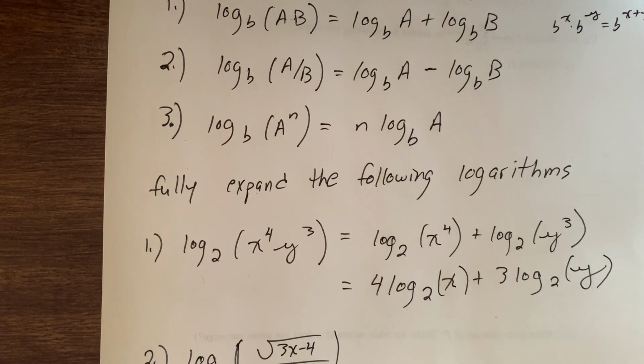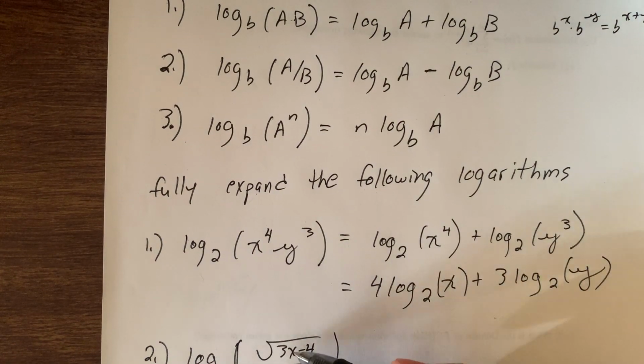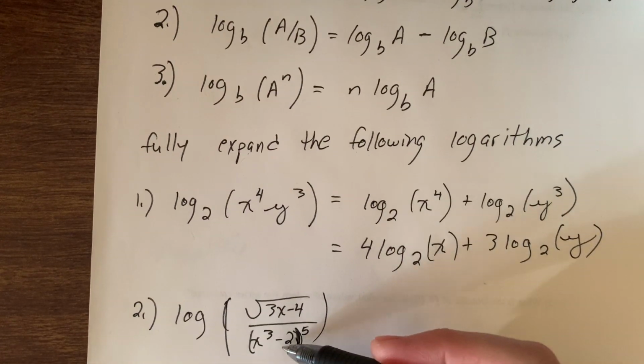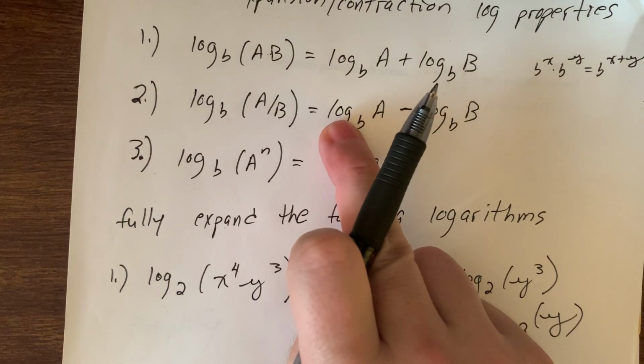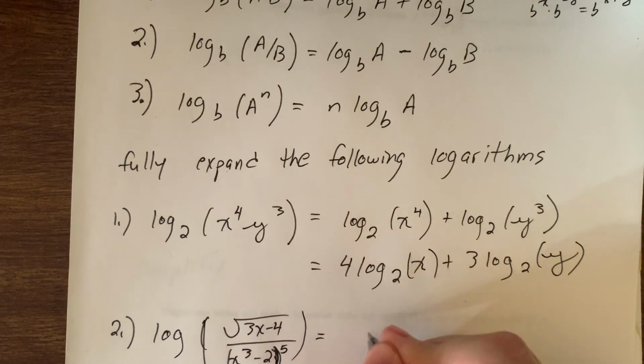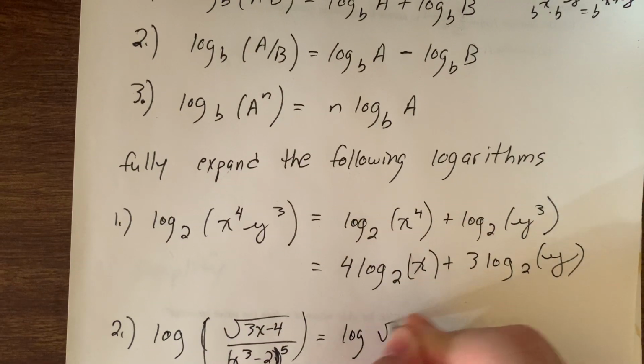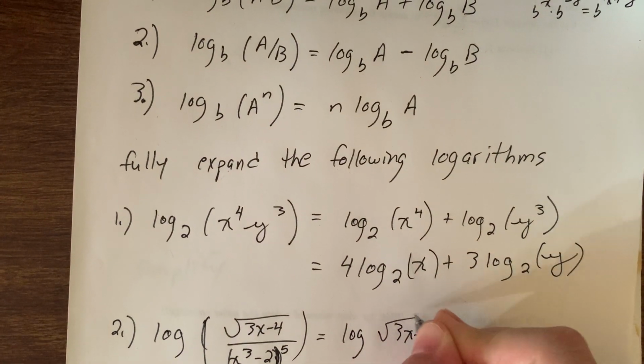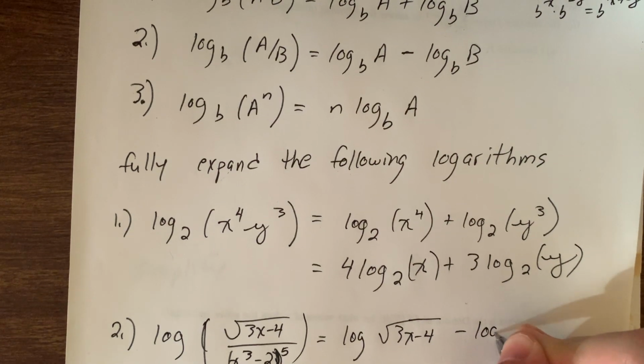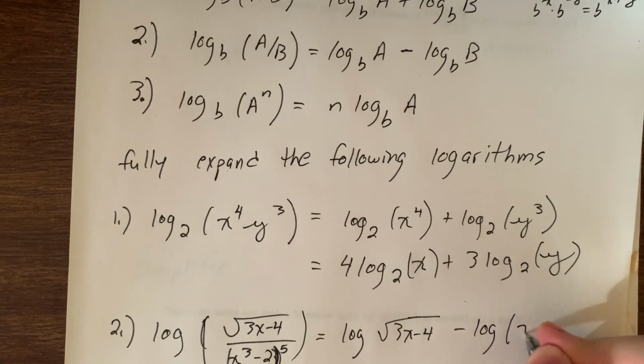Again, a lot going on here, but the first big picture item is that I've got these two bigger, uglier expressions, but they are attached by division. So now I'm going to start with the second property. I'm going to take log of the top one minus log of the bottom.